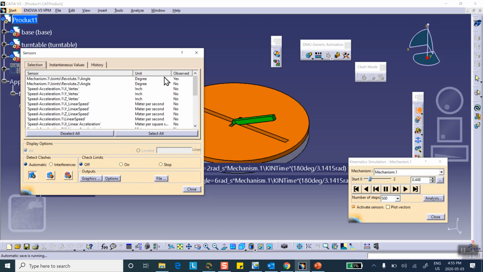Unfortunately, I don't know of a way to print those plots. You can always capture the screen, or you can take the data that's generated and export it as an Excel file, and then add whatever you want to it. See this file right there? This allows you to export it into a file. No, I don't want to do that.